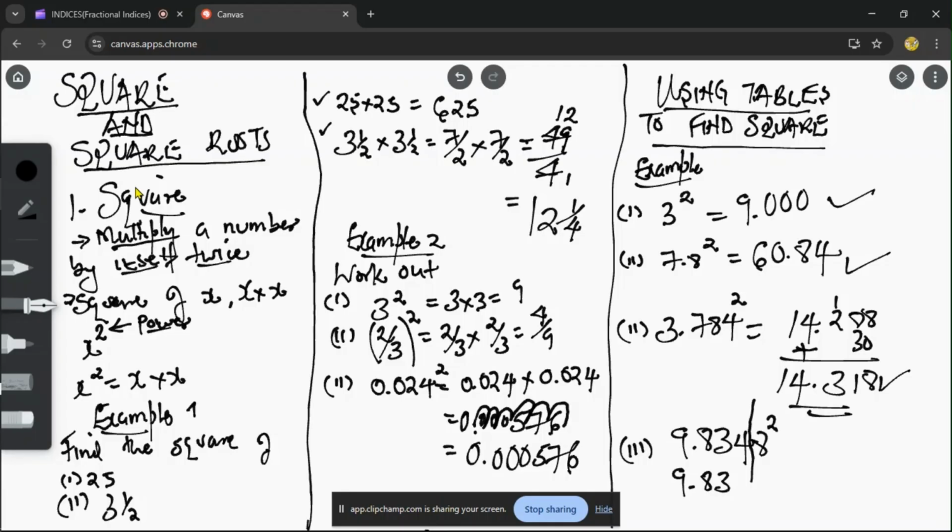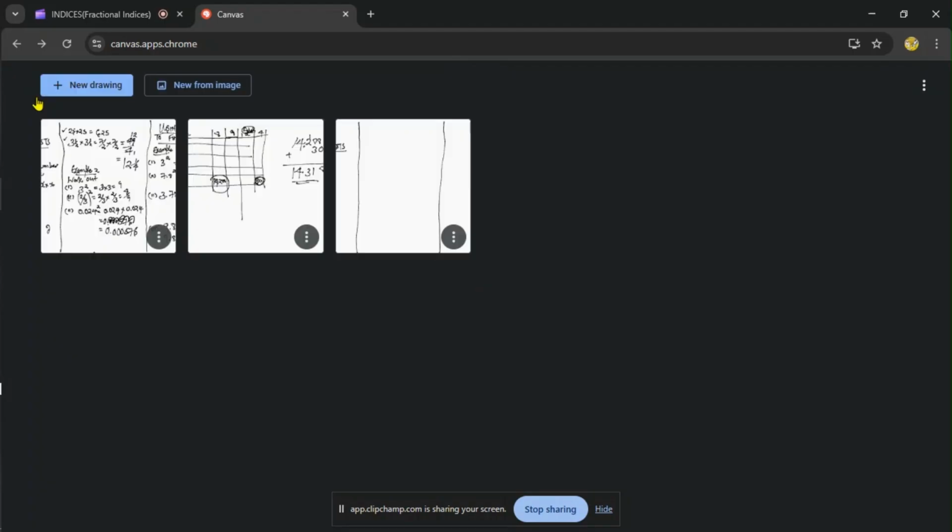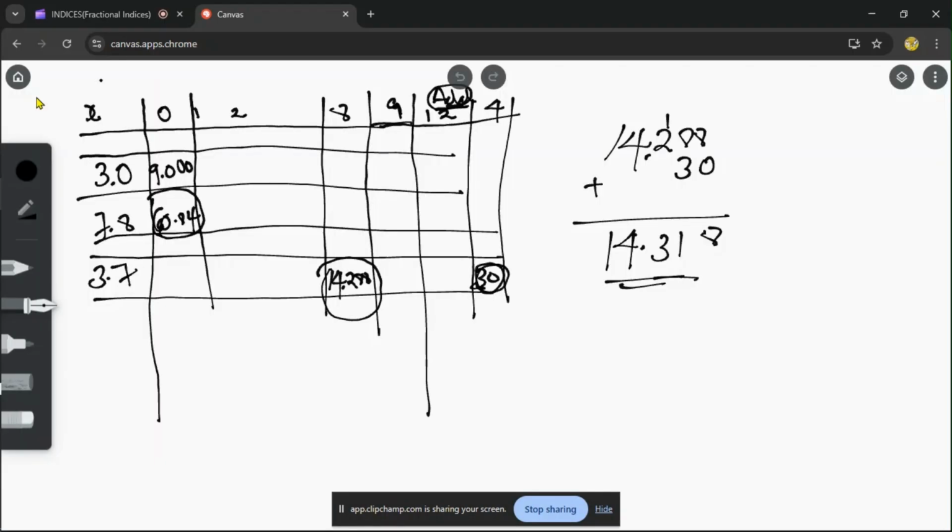9.83. I check this one, has it reached 5? If it has reached 5, then I add 1 here, so that you have it like that. So you convert into 3 decimal places, so that I can be able to read from my table. So I'll come again to the table, and I try and read 9.8.